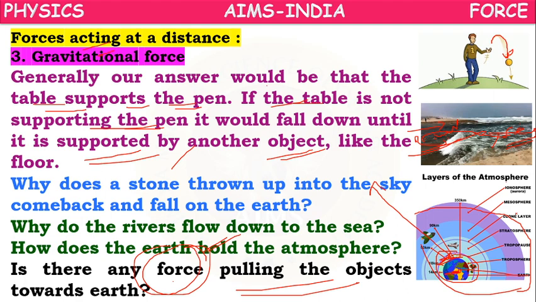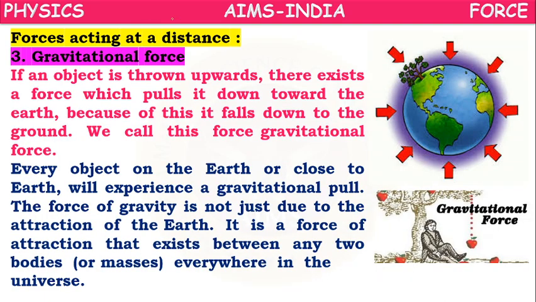So the earth holding the atmosphere means there is some force pulling the atmosphere towards it. Or there is some force in the sea which is pulling the river water, or some force on the earth which is pulling the stone. This force is called gravitational force.